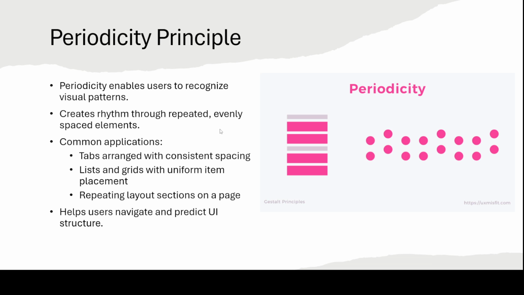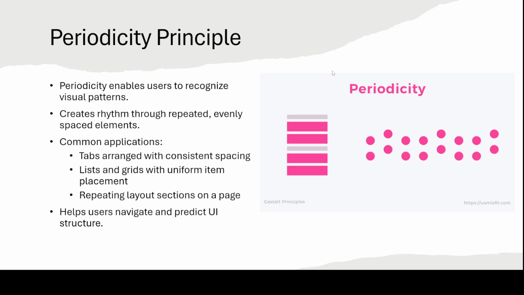The principle of periodicity enables users to recognize patterns. So there are a lot of things inside our life that are based on periodic things, things that are being repeated over a long period of time, or sometimes over a short period of time.